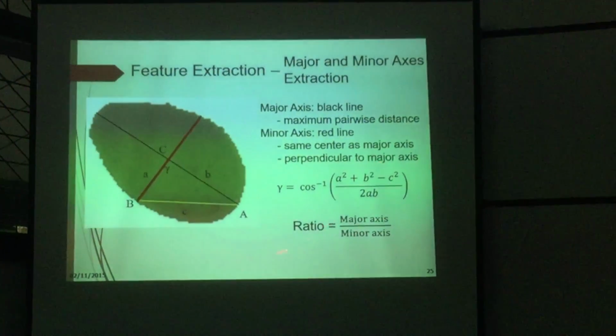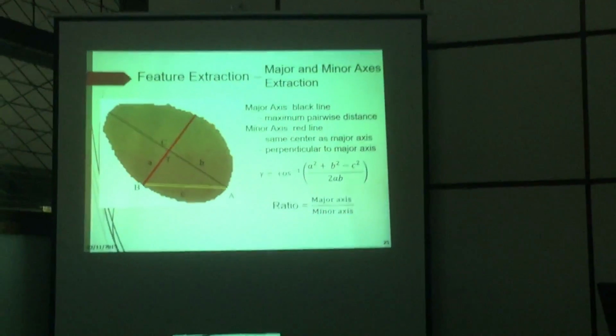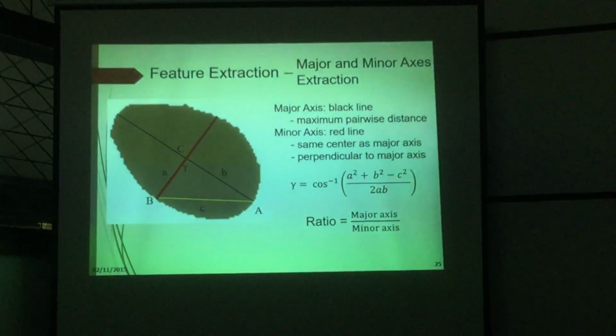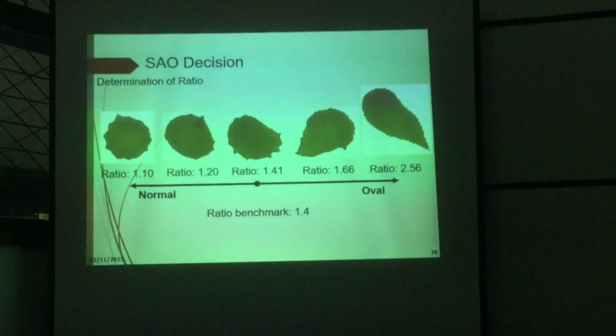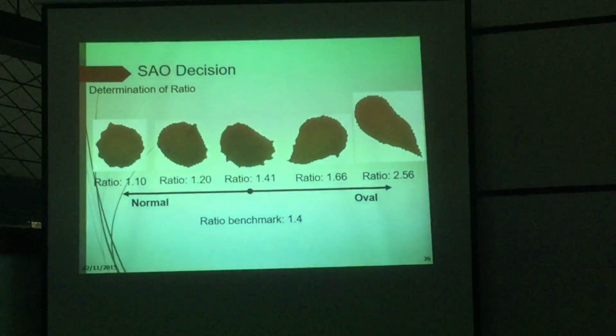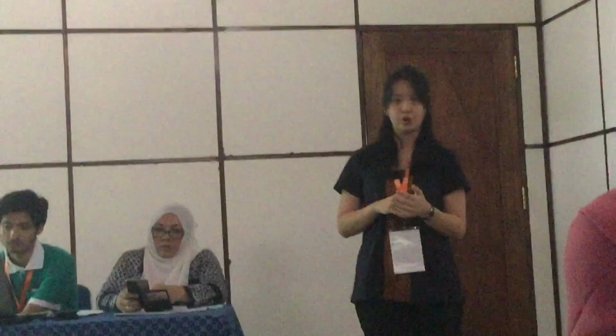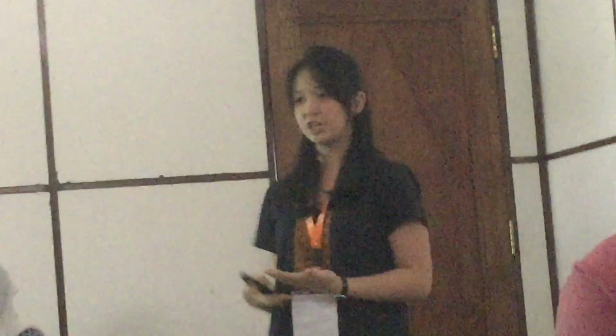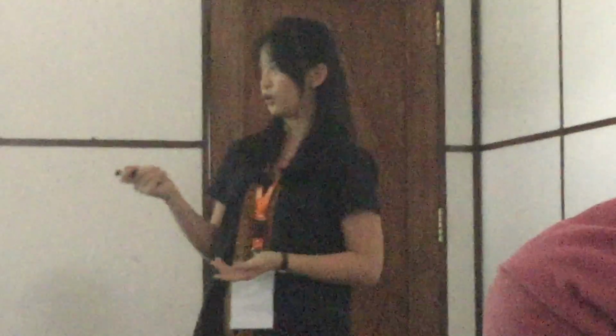the ratio by dividing the major by the minor axis. Then by using this ratio, we can separate the normal and oval erythrocytes. In this research, we used a benchmark of 1.4. So every erythrocyte with a ratio bigger than 1.4 will be counted as oval, and an erythrocyte with a ratio of 1.4 or smaller will be counted as normal.